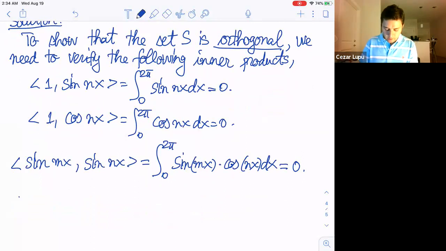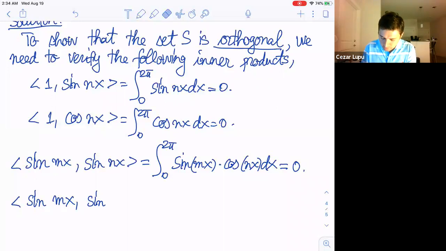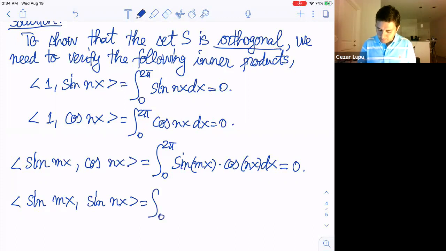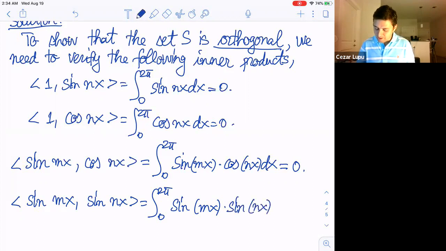And now, if we compute the inner product between sine of mx and sine of nx, this will be nothing else than the integral from 0 to 2 pi of sine of mx times sine of nx dx. Guess what?